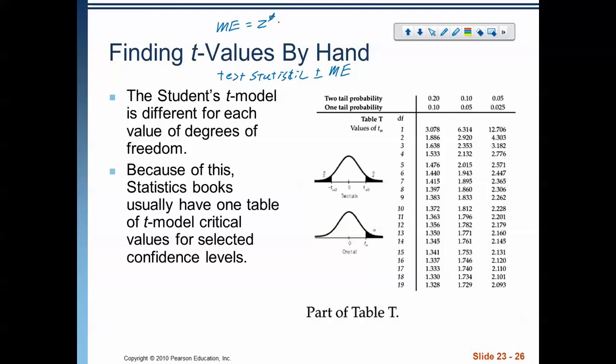For the proportions test, it was critical z times the square root of p hat q hat over n, and for the means tests we've been doing, it's the critical t value with the degrees of freedom times s over the square root of n. But notice that in both cases it's the critical value times the standard error.